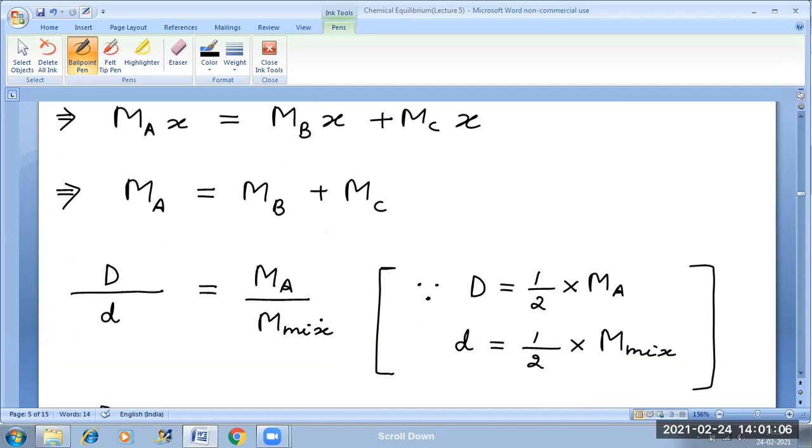Now coming to vapor densities. Vapor density is nothing but half of molar mass. So initial vapor density upon final vapor density will be equal to initial molar mass upon final molar mass.